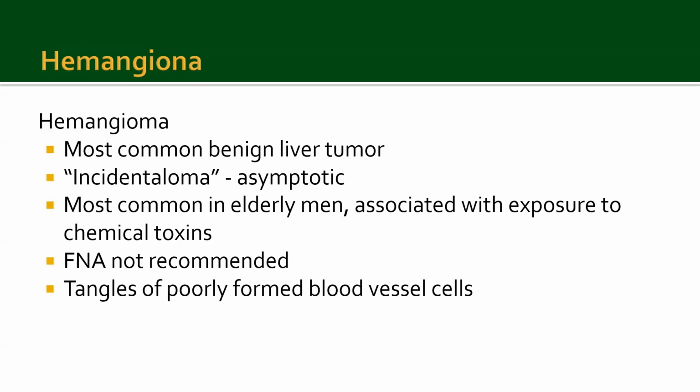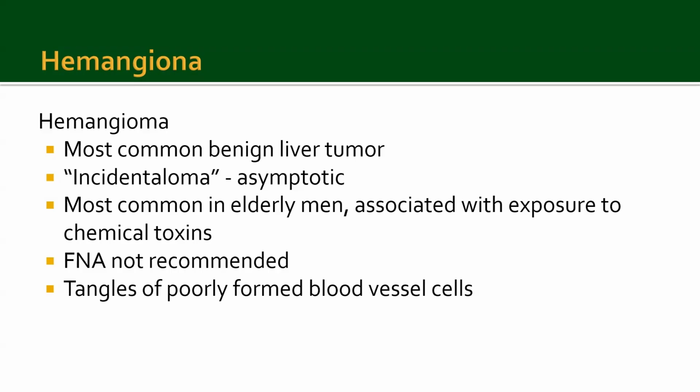You can see bland spindle cells, but you'll definitely see, if the blood isn't obscuring everything, benign endothelial cells, because this is a highly vascular tumor. It's just a bunch of blood vessels coiled together.